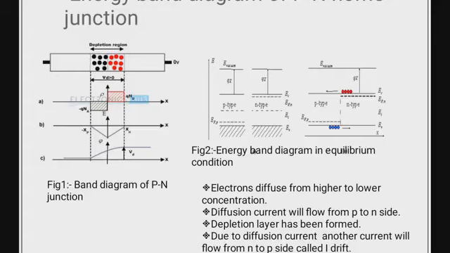This red circle denotes the positive immobile ions and this black circle denotes the negative immobile ions. And the width of this layer is called the depletion layer width, which is denoted by Vd, and this region is denoted the depletion region.